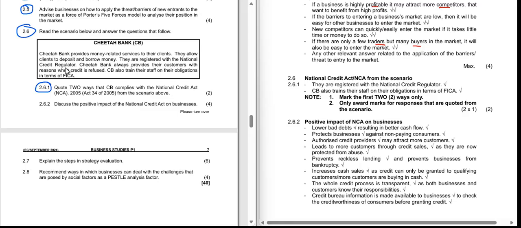And then the second thing is they also train their staff on their obligations in terms of FICA. So these are the two things that show that they're complying with the National Credit Act. Let's look at the next question. Discuss the positive impact of the National Credit Act on the business.